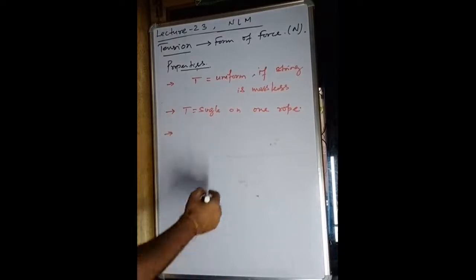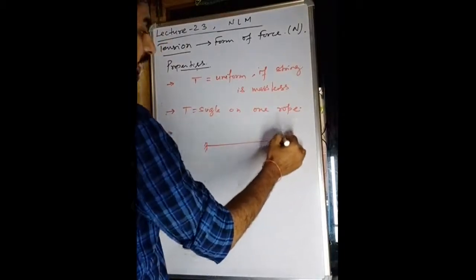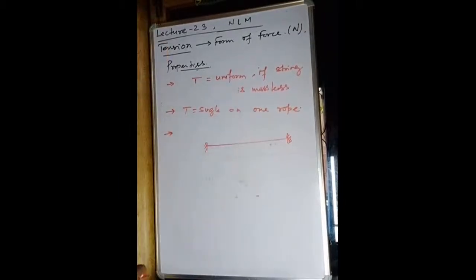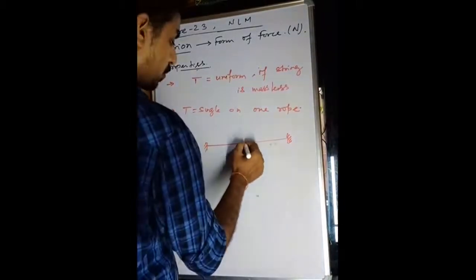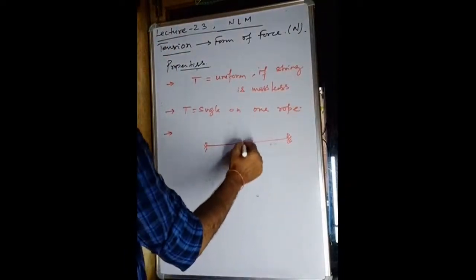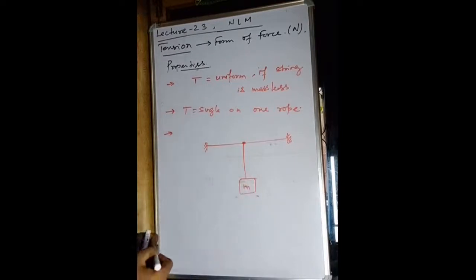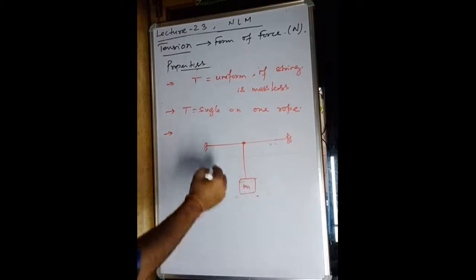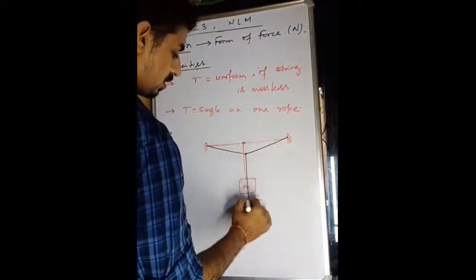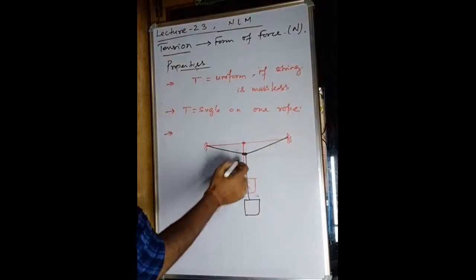What does it mean? Suppose this is a string, tied between 2 points. Tension will be the same throughout the string, but as you put a knot over here, tie another string and suspend a body, of course it will elongate a little bit, and now the new tension will be changed around the knot.